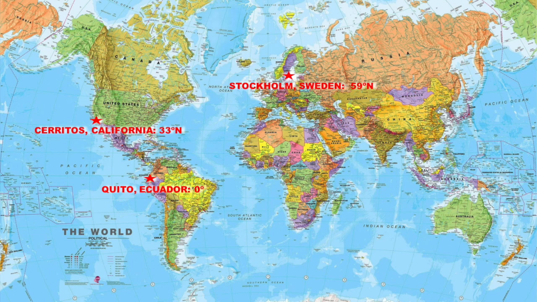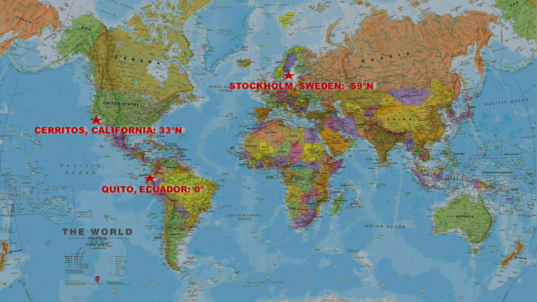If I want to get home before it gets dark, I have to be home by 6 p.m. And by the way, the sun rises every single day at 6. Why? Because we're at the equator in Ecuador, and at the equator, you get 12 hours of daylight, 12 hours of darkness every single day of the year.